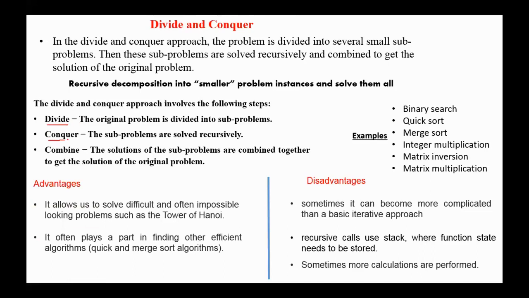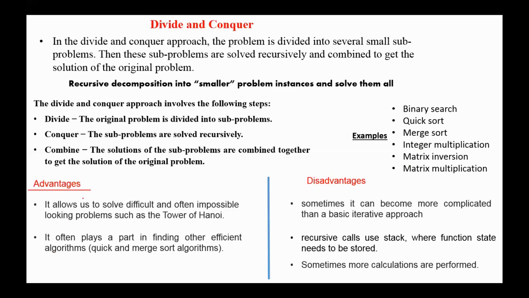Conquer: the subproblems are solved recursively, and combine: the solutions of the subproblems are combined together to get the solution of the original problem. Examples of divide and conquer strategy: binary search, quick sort, merge sort, integer multiplication, matrix inversion, matrix multiplication, and others.